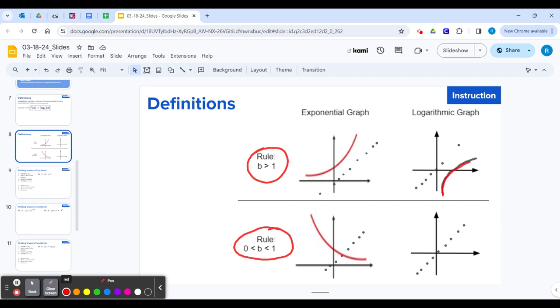Something like this for that growth graph where it starts, hugs the y-axis, comes up and flattens out. And then for our decay graphs, it is going to look like this, where again we hug that y-axis and move right there. So just some quick exposure on what those graphs look like, and a reminder that they are reflections across that line y equals x.